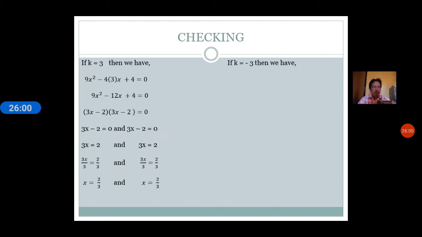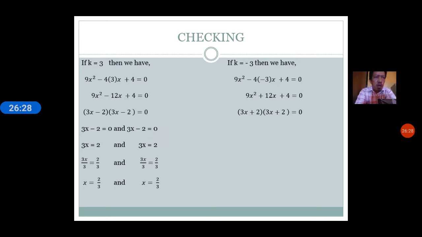Okay, now if k is equal to negative 3... I mean, for the other case, then we have 9x squared minus 4 times negative 3x plus 4 is equal to 0. Then we have 9x squared plus 12x plus 4 is equal to 0. Again, that is a perfect square trinomial.